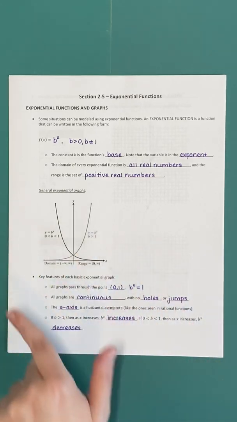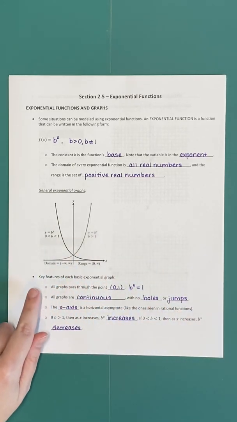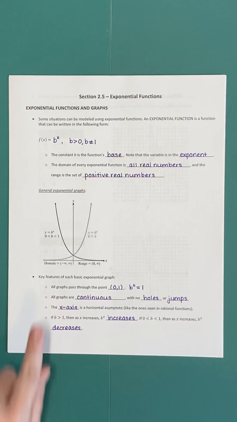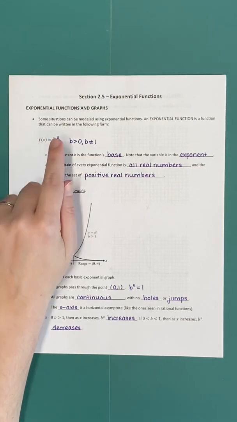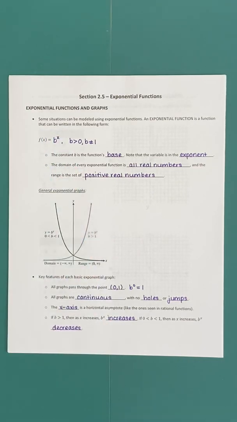So all of these things, the common point and the asymptote, are specific to the basic exponential functions, where it's just a base with our basic exponent of x. As soon as we make changes to the function, add other things on, and make the function more complicated, those things can change. But they, again, are based on these basic functions that have all of these common characteristics.